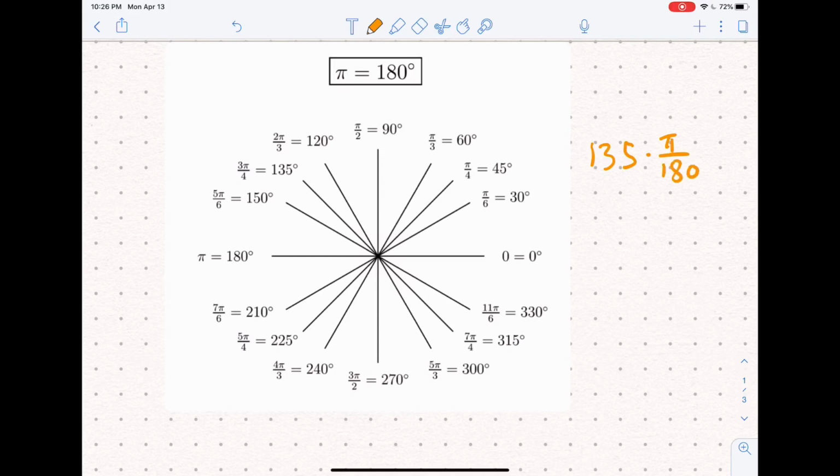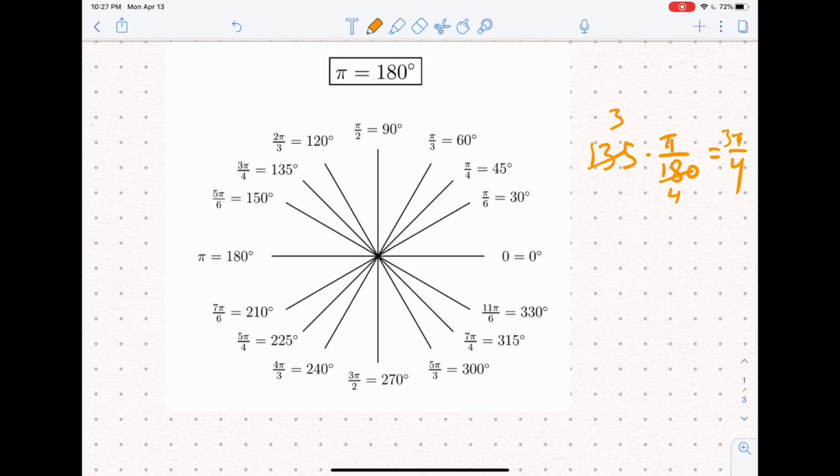So degrees times pi over 180 will give you radians. And here we have to do some canceling, but it turns out that you can cancel the number 45 out of 135 and 180. So if we cancel a 45 here and here, then it leaves a 3 on the top and a 4 on the bottom, and that gives us 3 pi over 4.